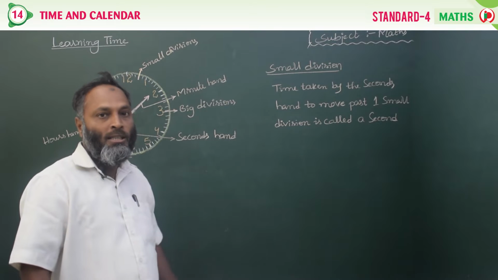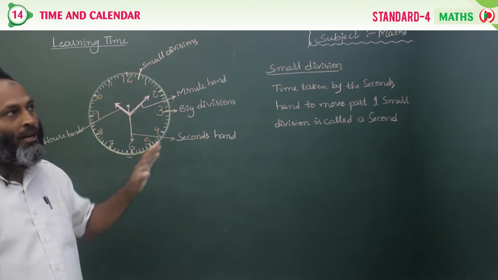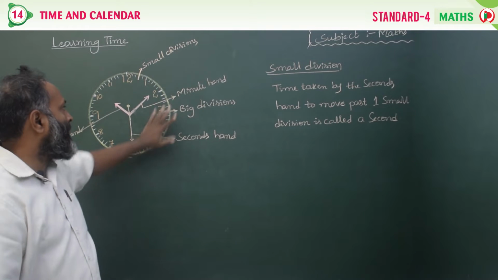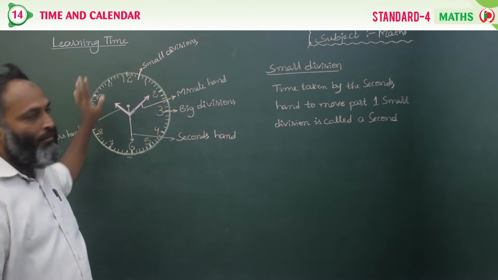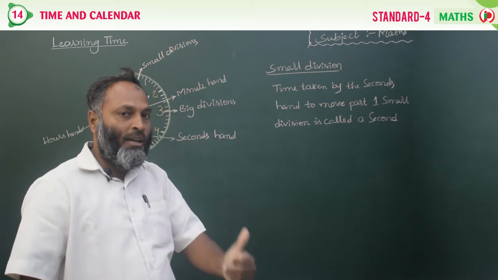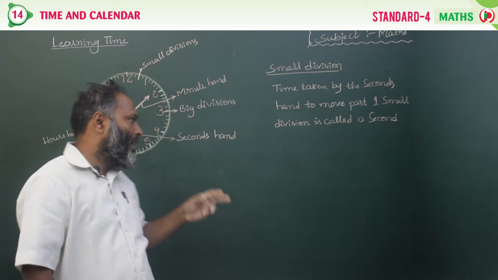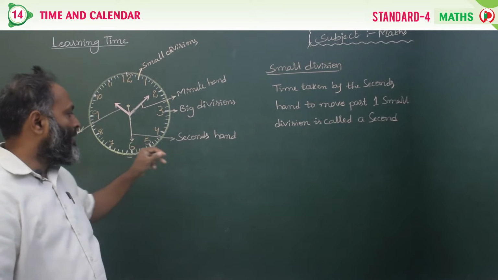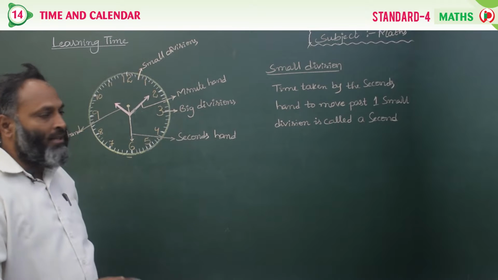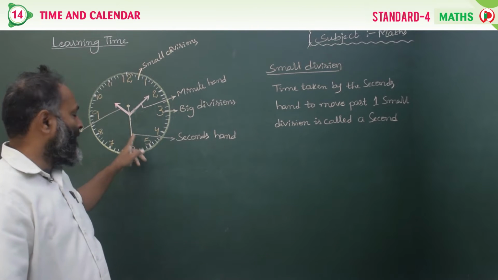This is about small division time, and this is about the complete clock. In a clock we have 3 hands: the bigger hand is the minute hand, the small hand is the hours hand, and the thin hand is the second hand. The second hand is always rotating, it cannot stop.